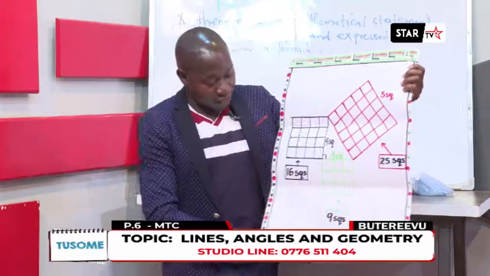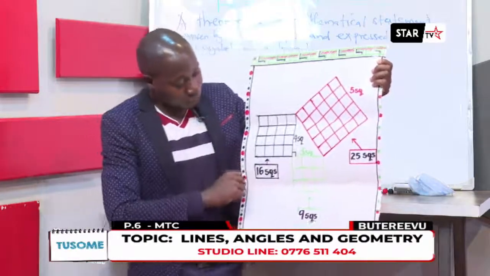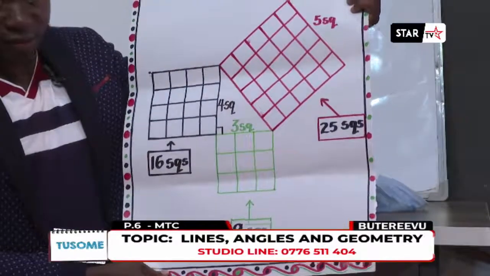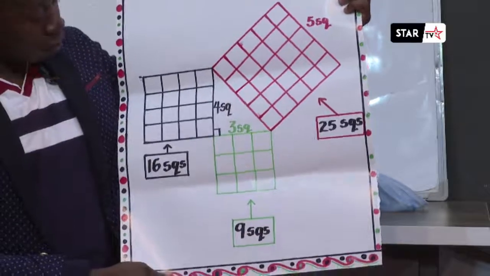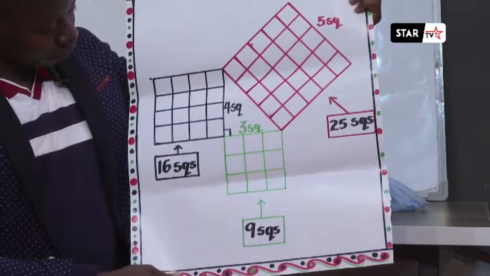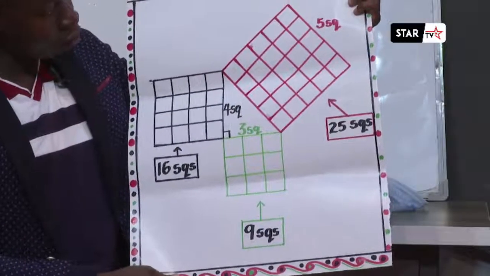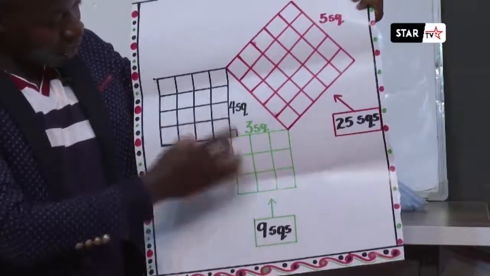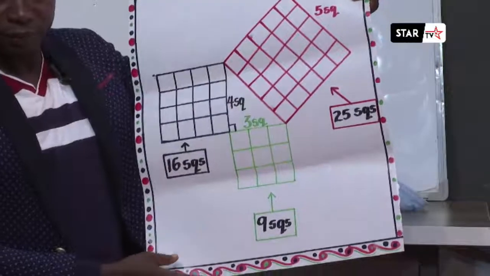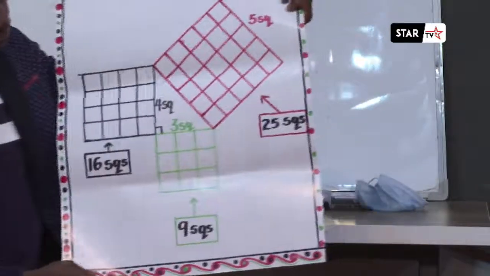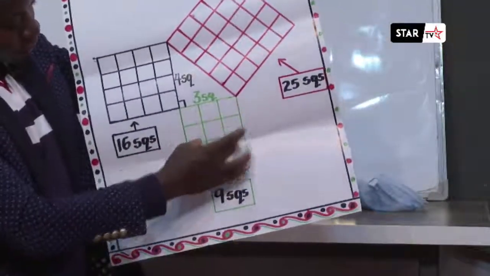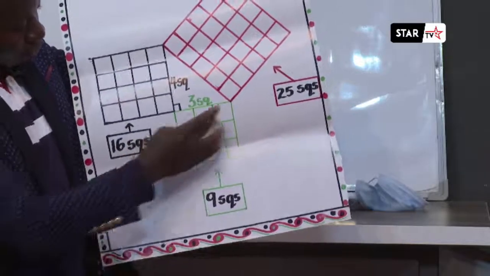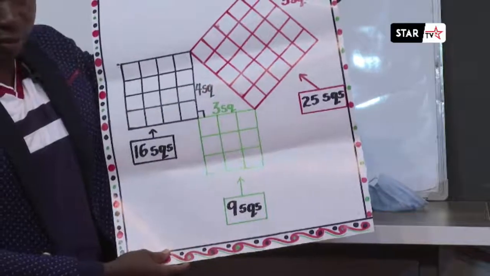This is a diagrammatical experiment on the Pythagoras theorem. We have three colors on our diagram. We have the green, we have black, and red. Hope you are able to see them. When you look at the green part down, it has got 9 squares.